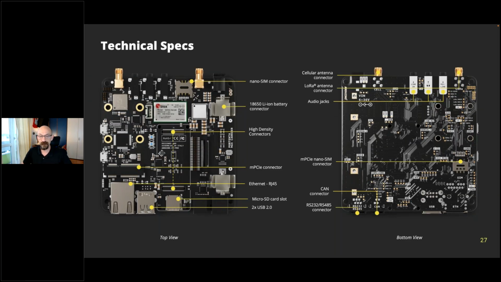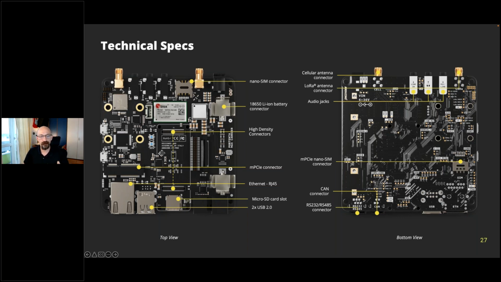So you can see here, there's the nice thing. Here's the slot for the X8. And as you can see, it's quite dense, but you have LoRa with a dedicated antenna, and a cellular dedicated antenna for narrowband and Cat M1.